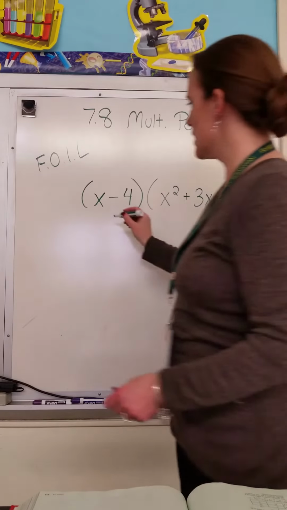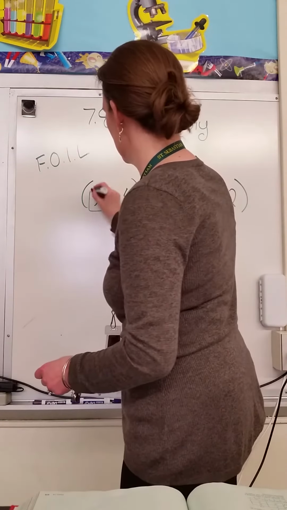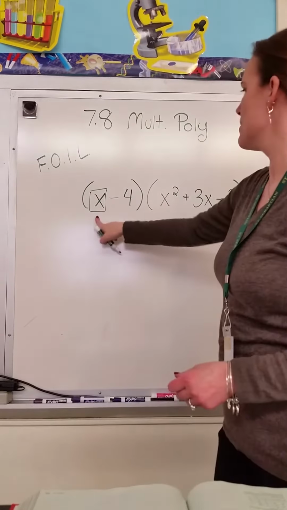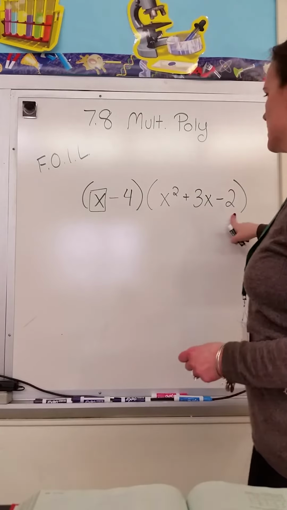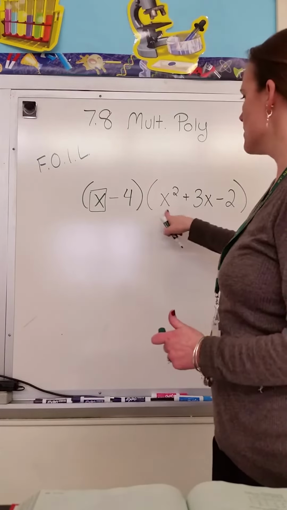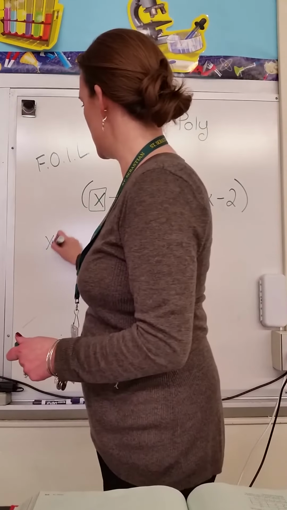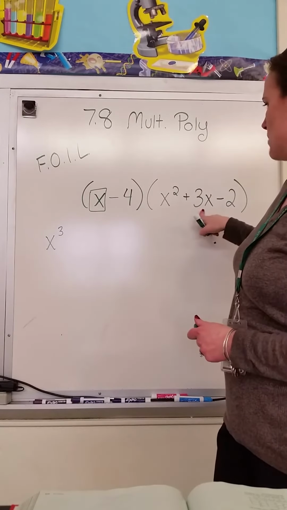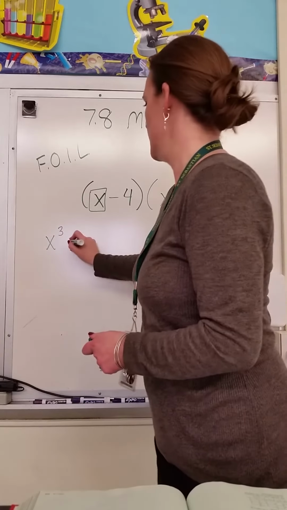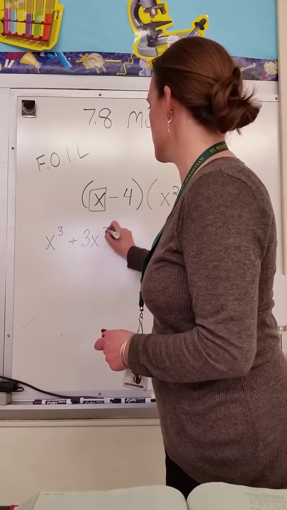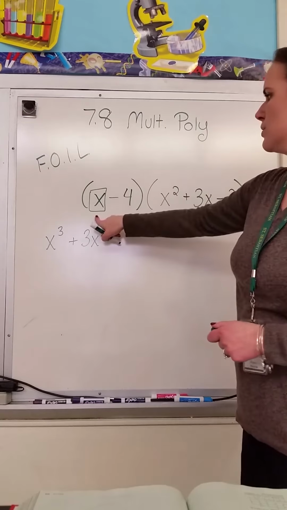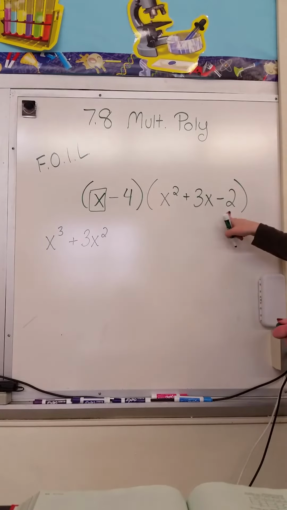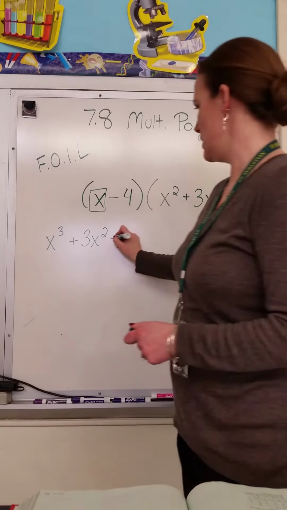So you're going to take this x term and multiply it by each of these pieces. So x times x squared is x to the third, x times 3x is 3x squared. Then you'll take x times negative 2, which is negative 2x.